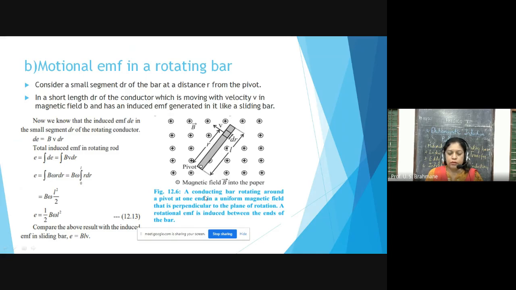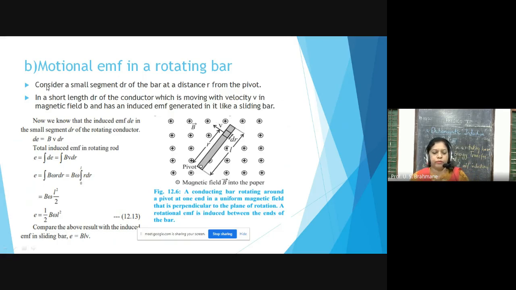So see here, a conducting bar rotating around a pivot at one end in a uniform magnetic field that is perpendicular to the plane of rotation. A rotational EMF is induced between the ends of the bar. So see here children, it is pivoted. Pivoted means it is fixed at one point and it can move in this direction. Now this is a uniform magnetic field, so it is shown with equal spaces.